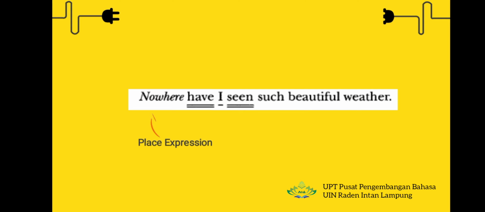You have to keep reminding yourself about these kinds of sentences and the patterns they have. So when you find these questions, you will know what to do next. As you can see, nowhere is a place expression of the sentence. That is why I have seen is changed into have I seen.